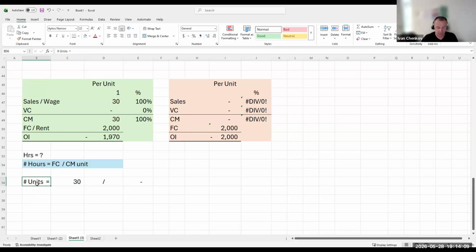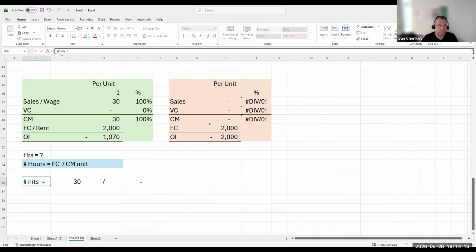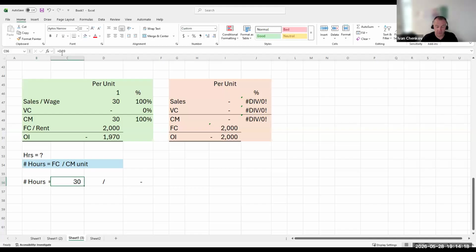So the number of hours that you need to work is going to be equal to $2,000 divided by $30 contribution margin. In other words, the hours that you need to work to cover your rent is simply this one divided by 1, or you need to work 66.6 hours.